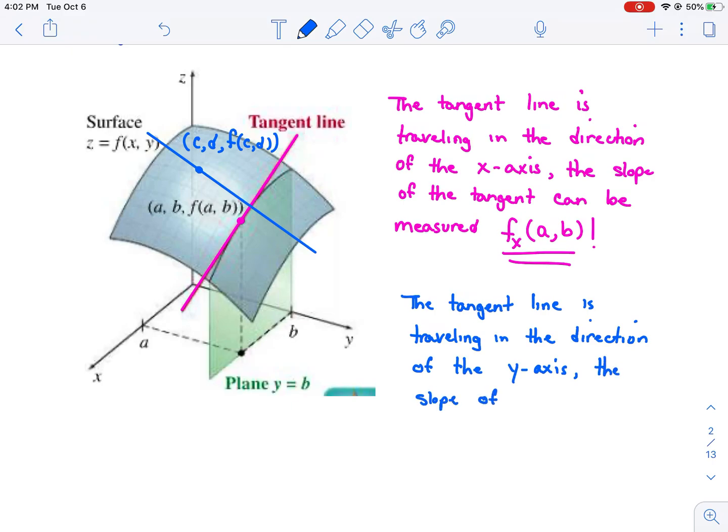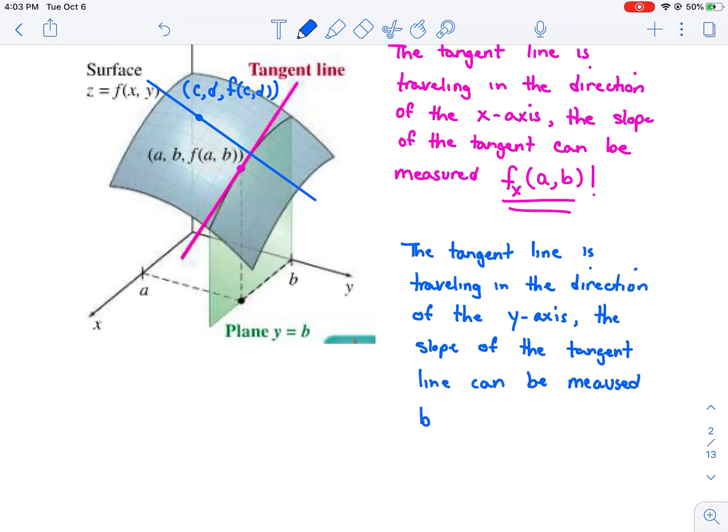The slope of the tangent line can be measured by evaluating the first order partial derivative with respect to y at the coordinate (c, d).